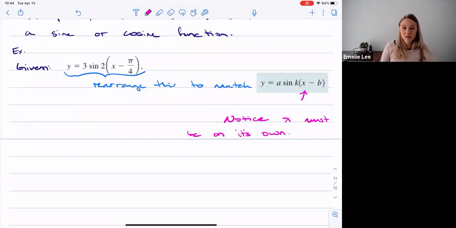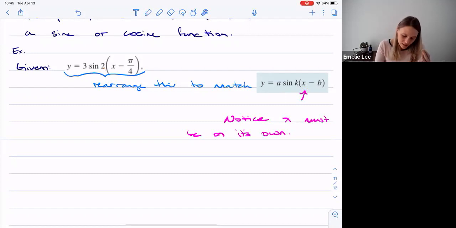Okay, so if it's not, and that's what's going to happen in example 40, where we're going to start next day for review, we have to factor out that multiple that's in front of x and make that our k.